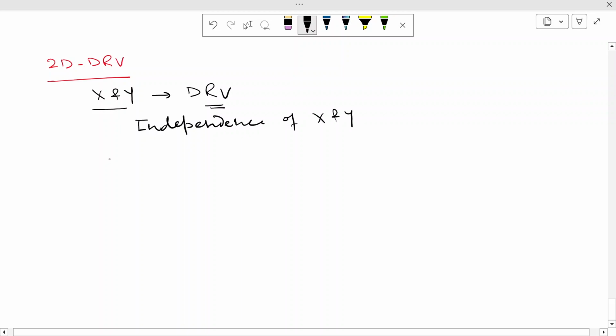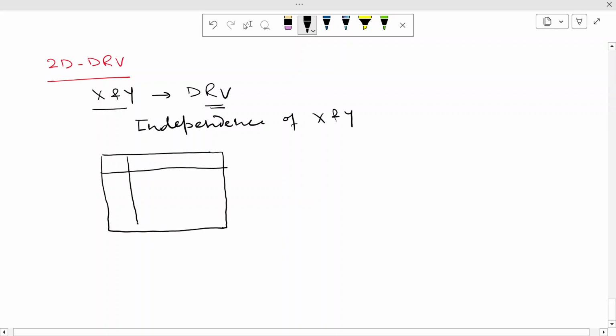In general, if you are given a two-dimensional discrete random variable, we have a table which is the probability distribution. In this table we have different values of x and y, and also the joint probabilities for each pair.